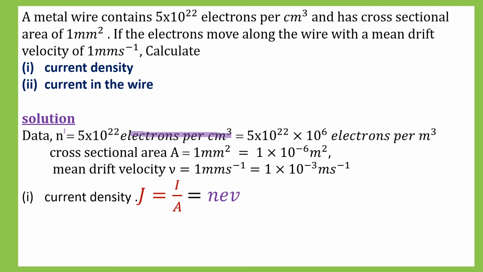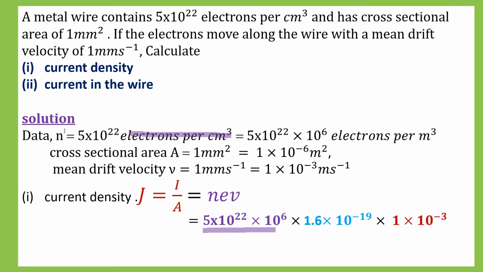So when we do the substitution, we have this standing for N, which is the number of electrons per cubic meter, then the electron charge, which is 1.6 × 10^-19, and then the mean drift velocity, which is 1 × 10^-3.